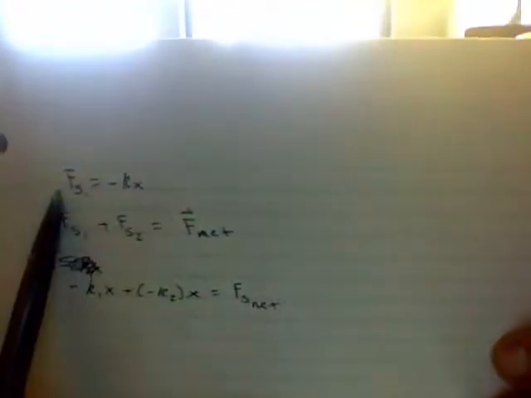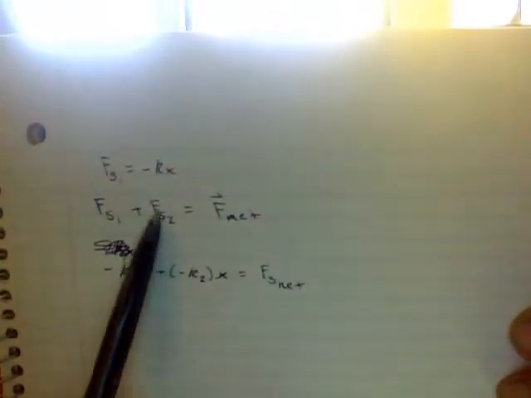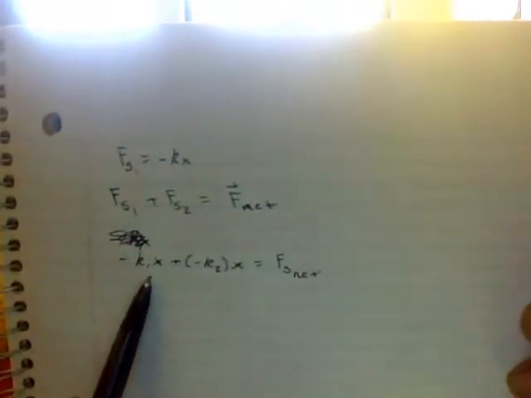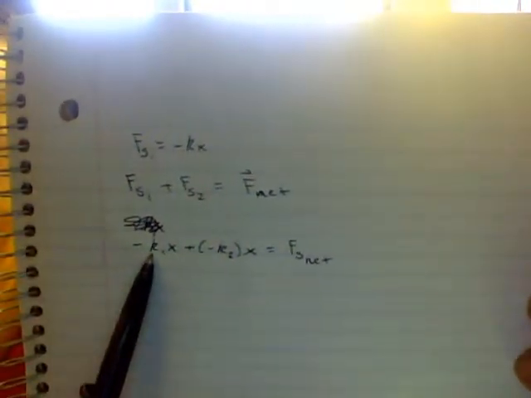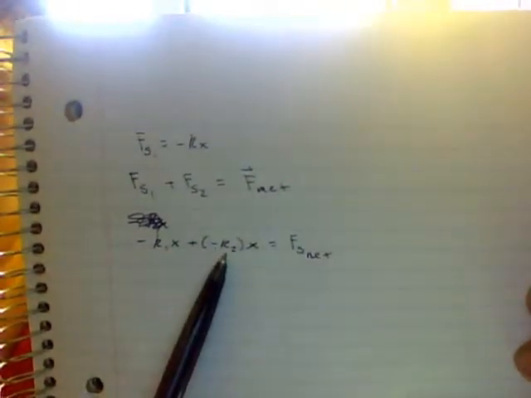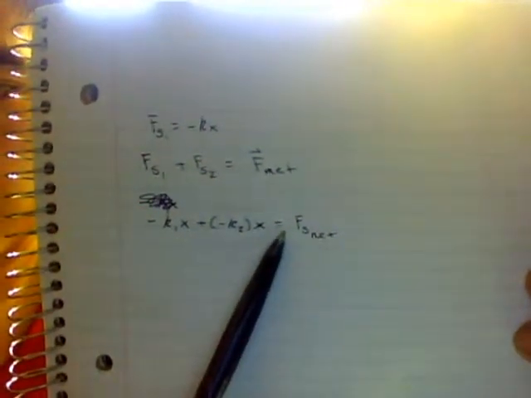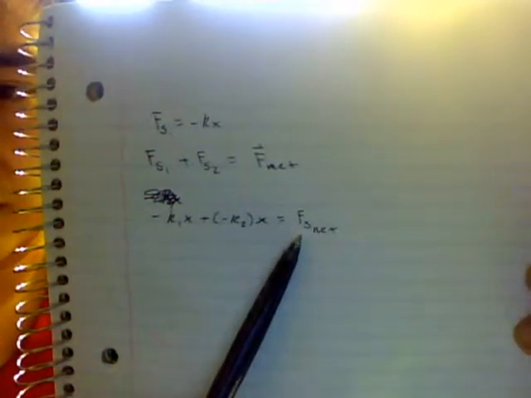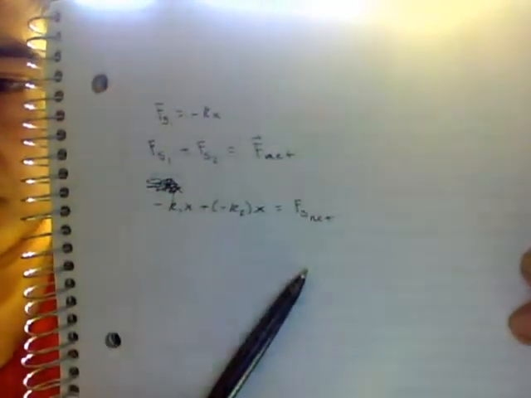There you go. So just substituting these two forces with this, you should get negative k1, the coefficient of the first spring, times its distance, plus k2, the second spring, times its distance. The distances could be the same, or they're different. And that should give you the total spring force.